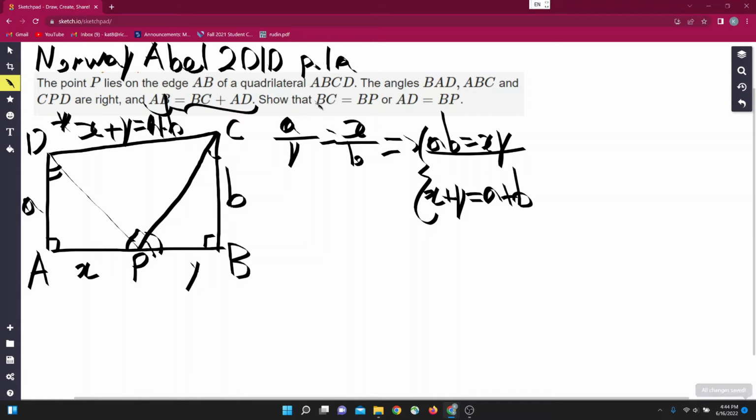Now when we analyze what we're trying to prove here, I'll rewrite this a bit. BC is B, BP is Y, AD is A. So we've rewritten our goal, and this OR motivates us to find some expression which we're able to factor so that we get two different solutions with the zero product property.